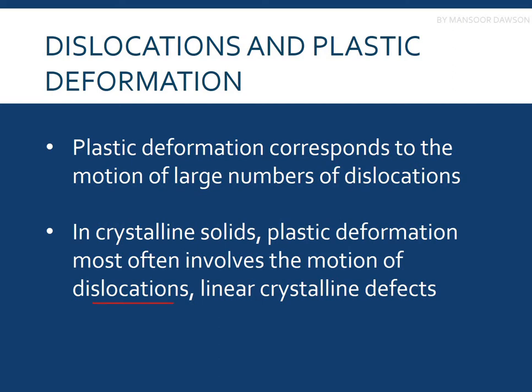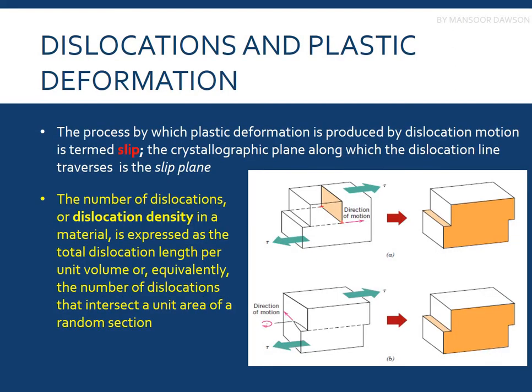So directly speaking, plastic deformation depends on the number of dislocations, or the degree of dislocations. In this figure you can see that the dislocations are moving in a specific plane called a slip plane.